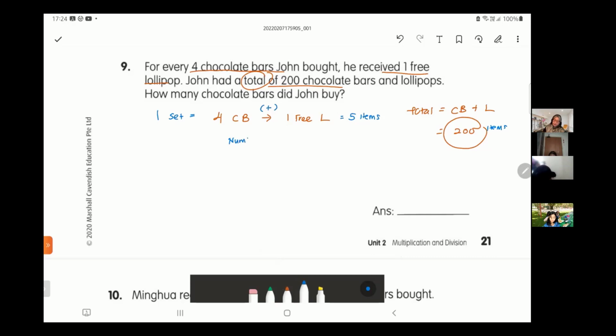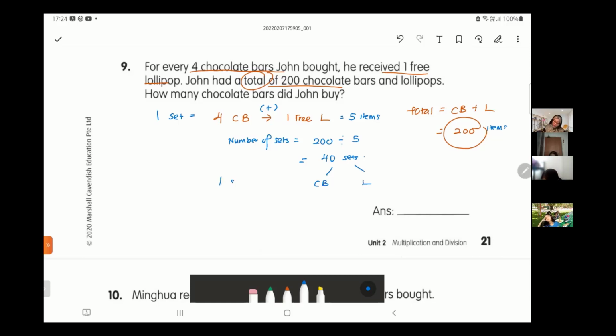Number of sets equals to, you take your 200 total items divided by 5 items to get the number of sets. The number of sets is 40 sets. So there are 40 sets of chocolate bars and 40 sets of lollipops. That's what it means. How many chocolate bars did he buy? So chocolate bars in one set.